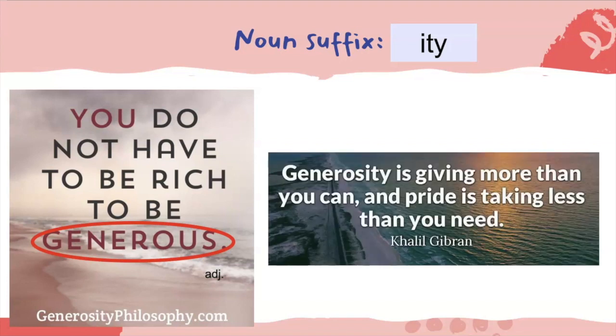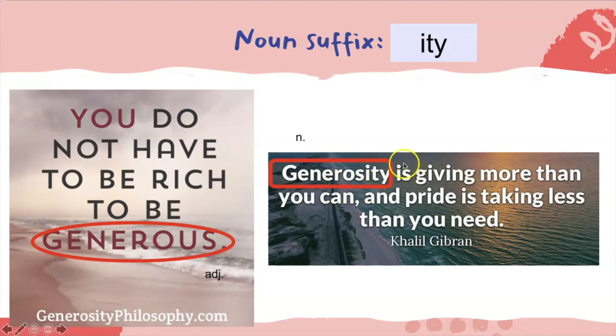The second quote would be, generosity is giving more than you can, and pride is taking less than you need. Here, generosity is the subject of the sentence, and subject is always a noun. So here, generosity is the noun of generous, meaning the quality of being generous.